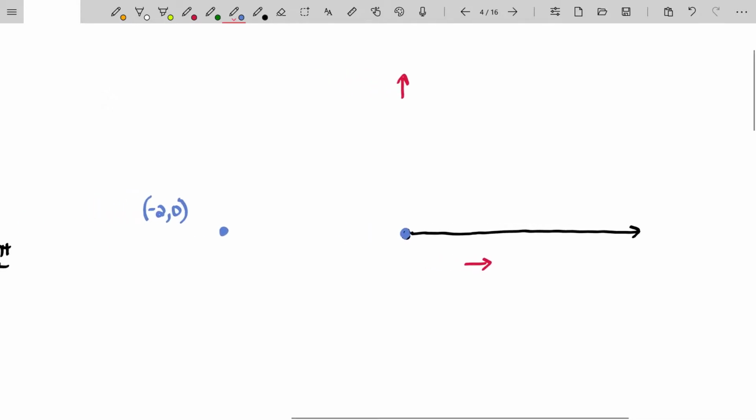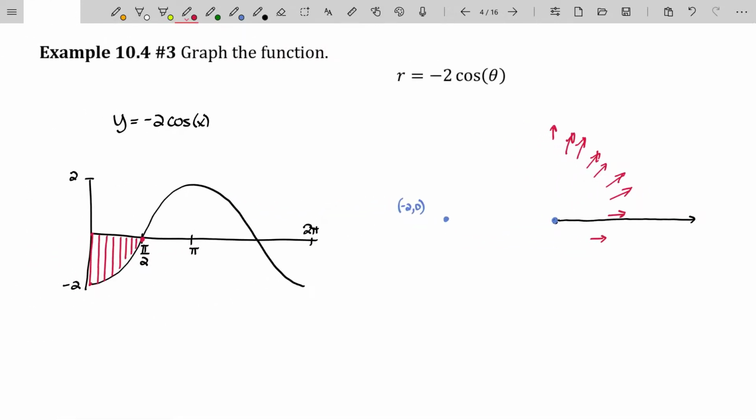Between the angle of 0 and pi/2, so for example, when I'm facing this direction right here, we're throwing rocks behind us. They start pretty far behind us and then get smaller and smaller distances as we turn through this angle, because these distances right here get shorter and shorter.